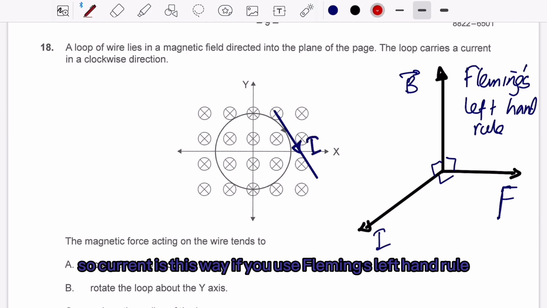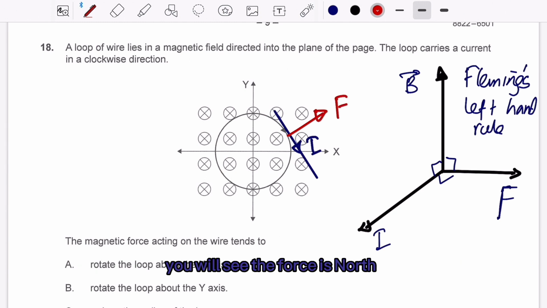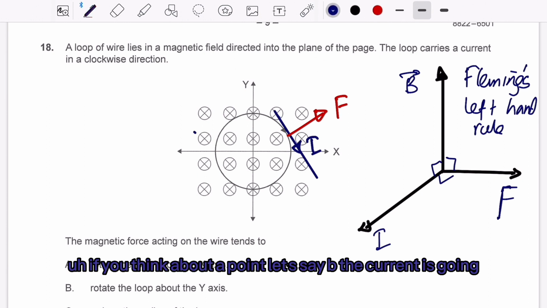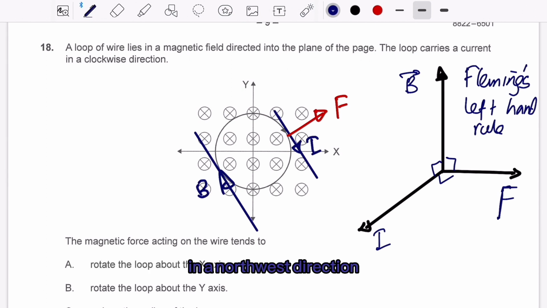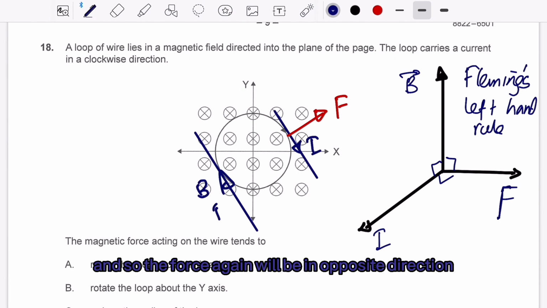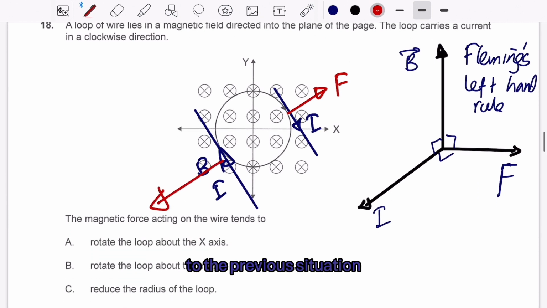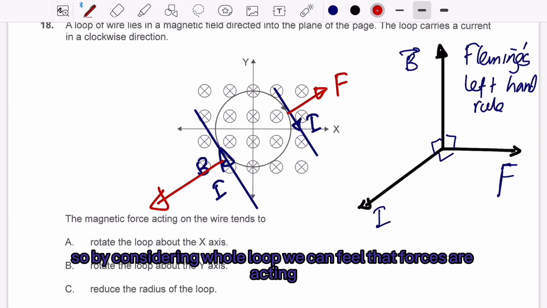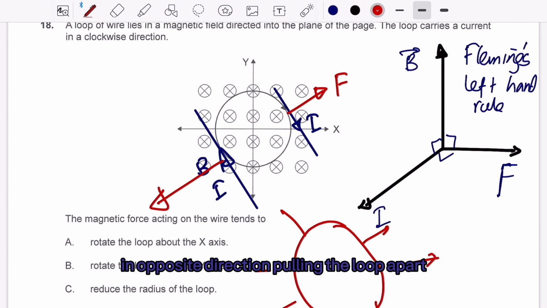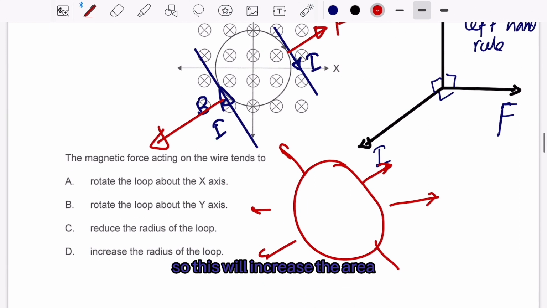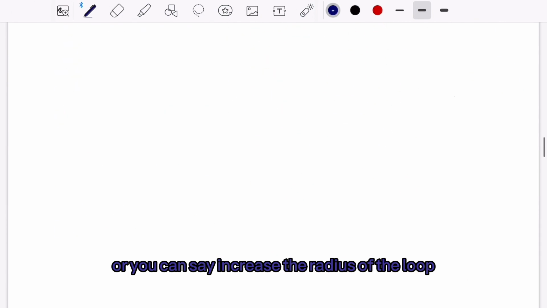If you use Fleming's left hand rule, you will see the force is in the northeast direction, right? Similarly, at a point, let's say B, the current is going in the northwest direction, and so the force again will be in the opposite direction to the previous situation. So by considering the whole loop, we can see that forces are acting in opposite directions, pulling the loop apart. So this will increase the area, or you can say increase the radius of the loop.